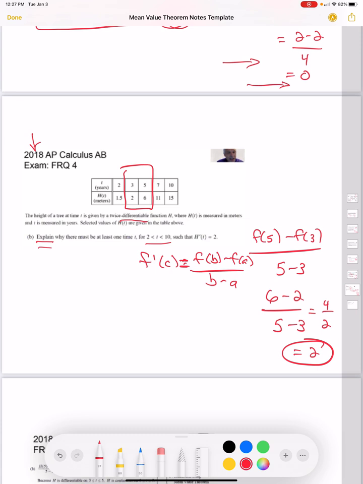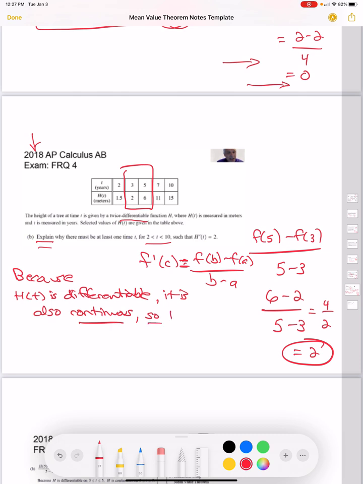When they say explain, they want you to make a statement. So we could say, because h of t is differentiable, it is also continuous. So the mean value theorem applies.